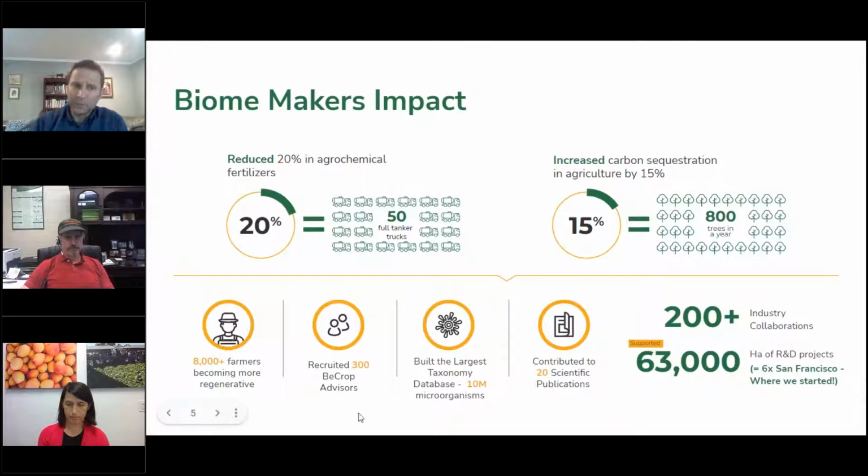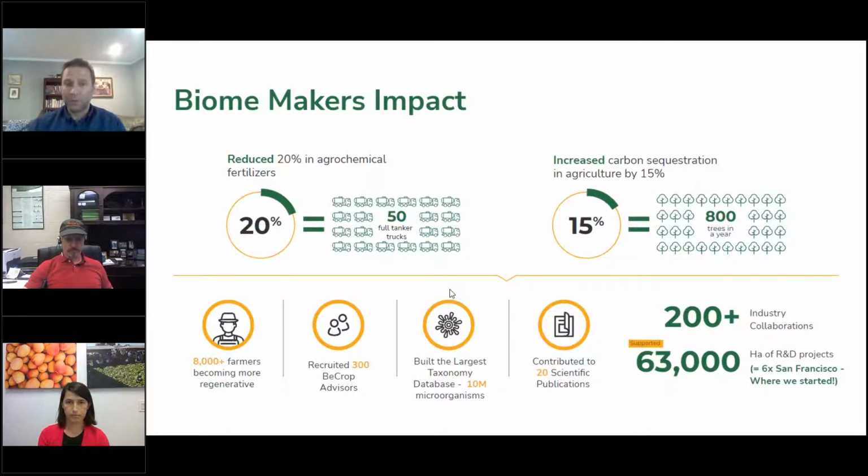We have 300 people that are already these BeCrop advisors that are trained, freely trained by Biome Makers to be able to use these tests, to be able to look at the biology of soils and to be able to give interpretation and maybe some direction as far as application and management practices that can be used. We have one of the largest taxonomy databases in the world based on all of the thousands of soil samples that we have collected.